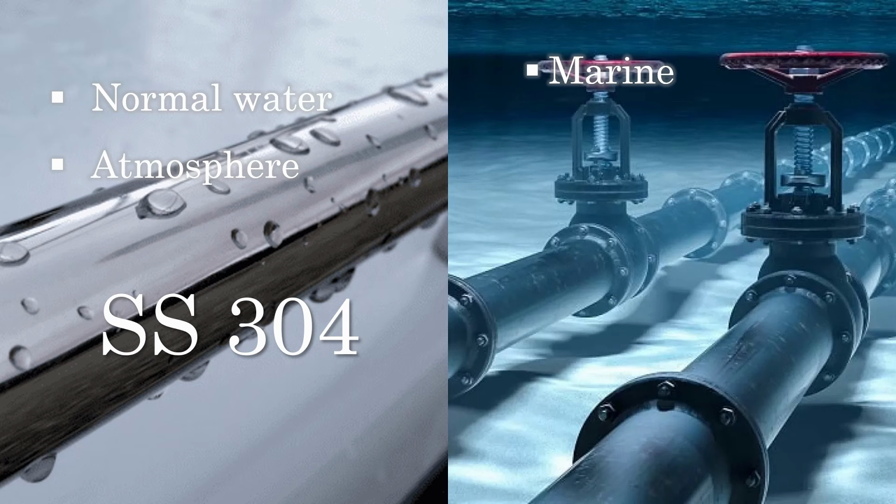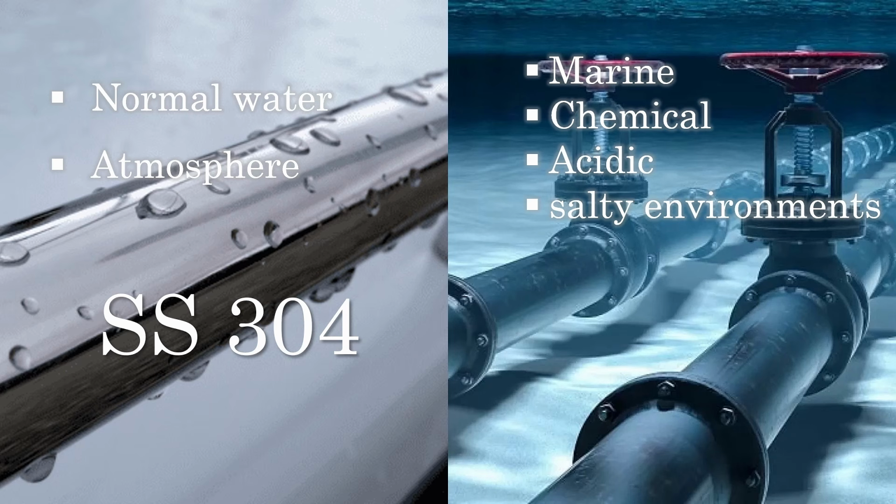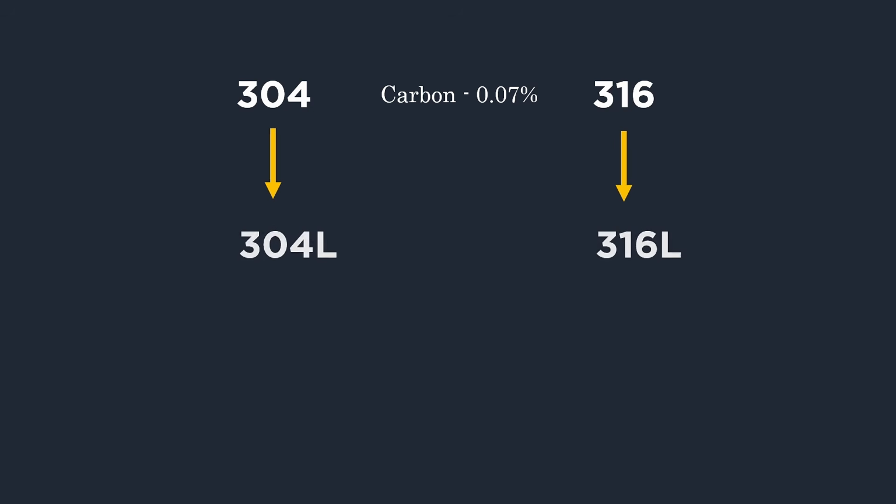But in marine, chemical, acidic, or salty environments, 316 is better. Strength-wise, both are almost similar. Both grades contain low carbon, but to further improve weldability and biocompatibility, both grades also have low carbon versions, 304L and 316L.